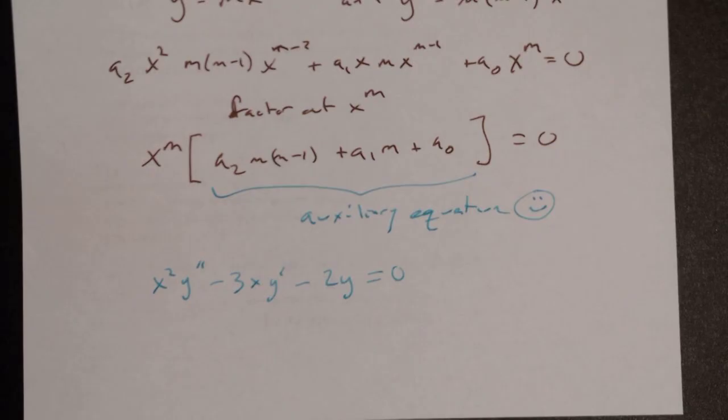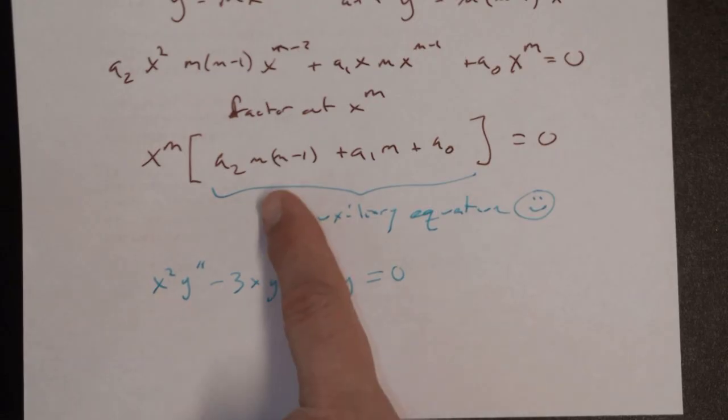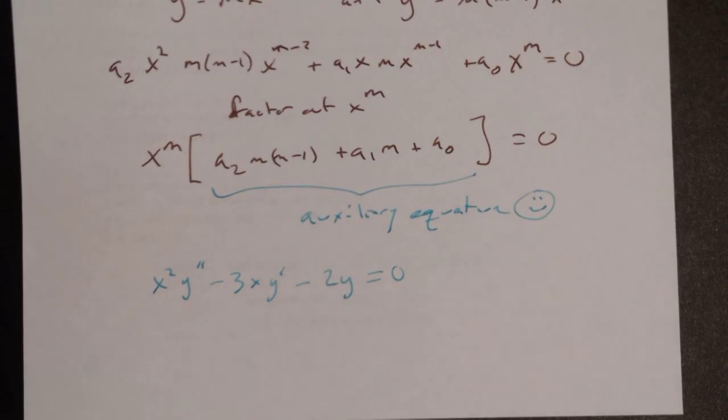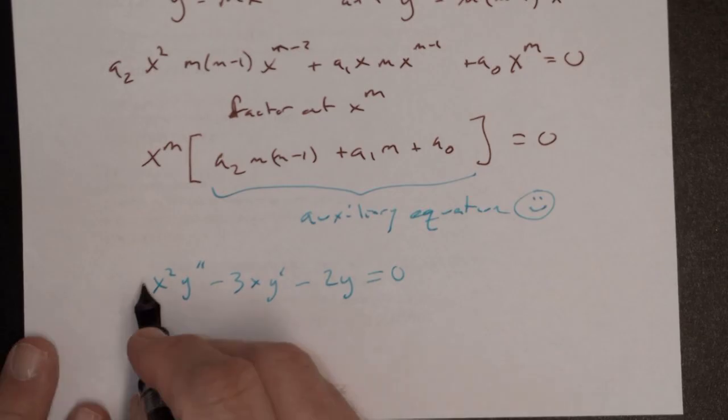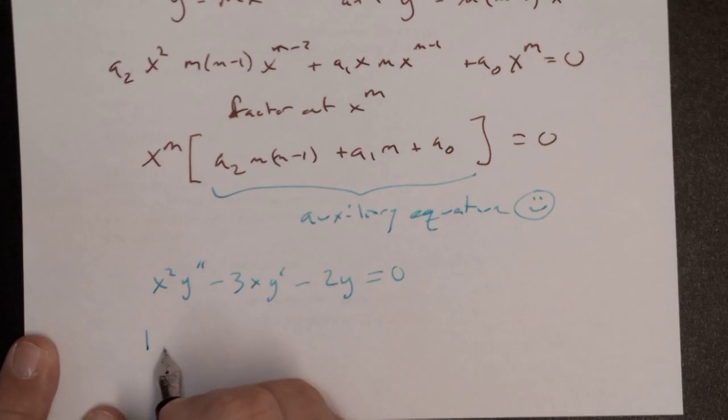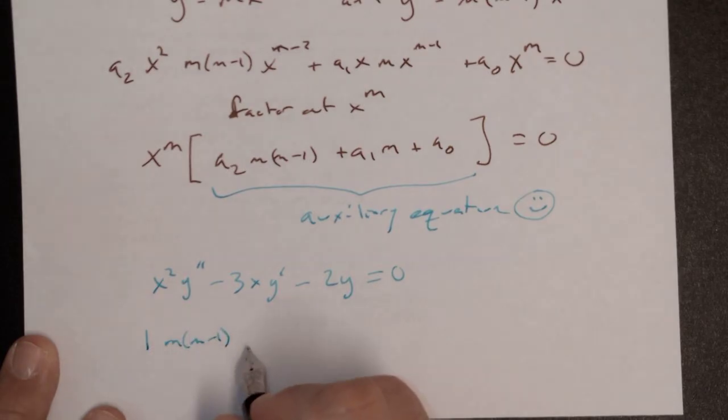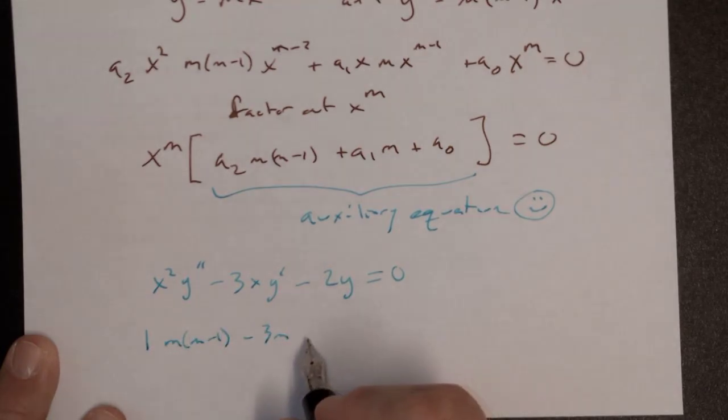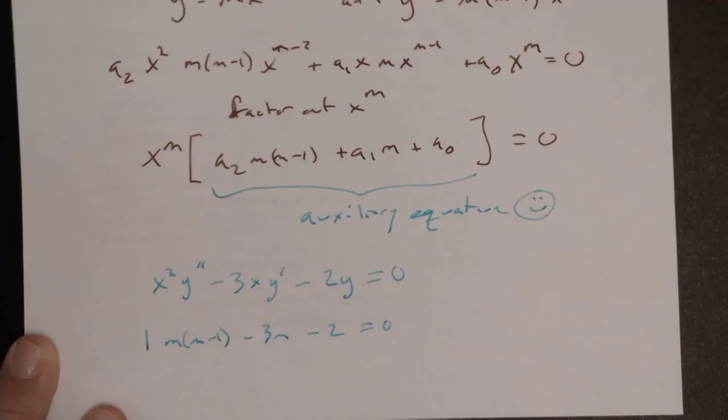The problem is, unfortunately, it is not as simple as just reading out the numbers and putting the m squared, all of that, because in this first factor, I have m times m minus 1. So I really need to remember to put that in here. The coefficient here is a 1. So it's 1 m times m minus 1 minus 3m minus 2 equals 0.